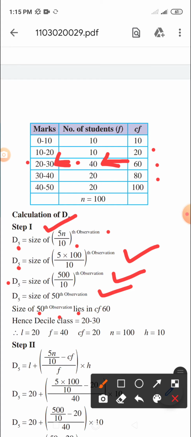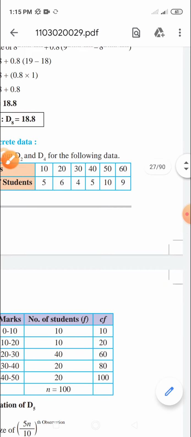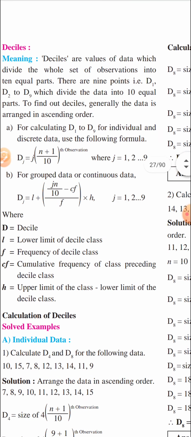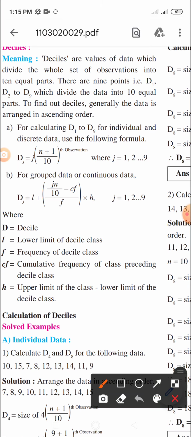Okay, so our formula for calculation of deciles under continuous series: D5 is equal to L plus 5n upon 10 minus CF upon F into H. D for decile, L for lower limit of decile class, F for frequency of decile class, CF for cumulative frequency of the class preceding the decile class, and H for upper limit minus lower limit of decile class.